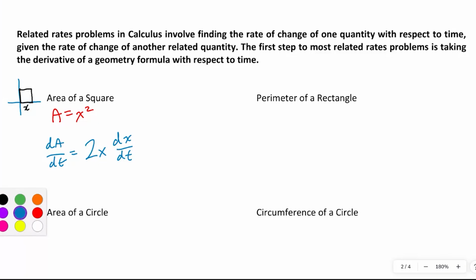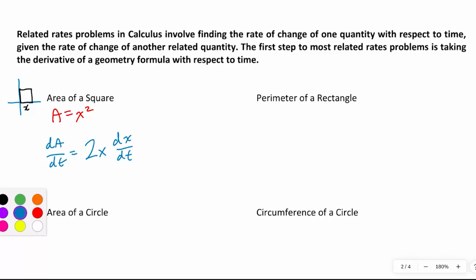What's also interesting here is it also depends on what the side length is, which means the area is changing at a different rate for each individual side length. Okay, we're not going to solve the problem with that yet, but I just want to explain what's going on with that equation. It's literally relating the two rates of change. That's why these problems are called related rates problems, because they are relating two different rates of change to each other.